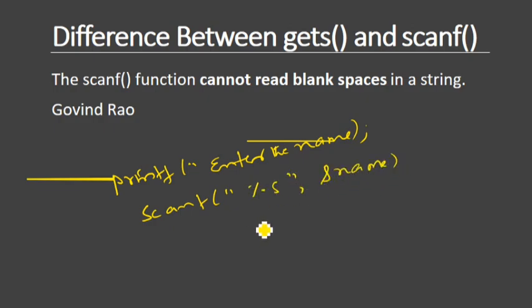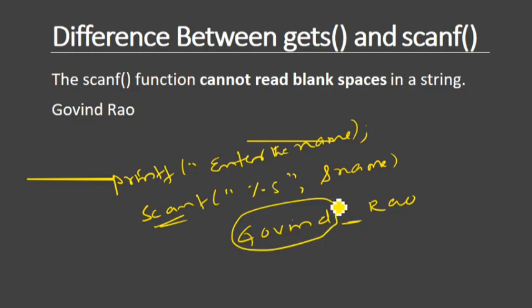If I enter from the keyboard Govind Raw, space is provided, so scanf only reads up to here. Scanf cannot read blank spaces, hence only Govind will be stored into the name but not the Raw. Wherever a space comes, scanf stops there. So the remaining string cannot be read by the scanf function.